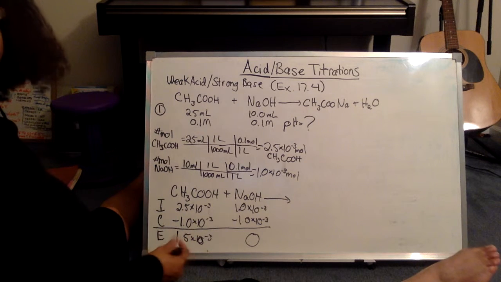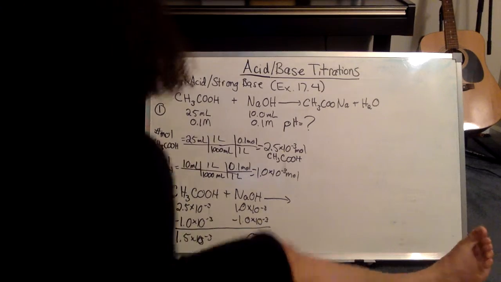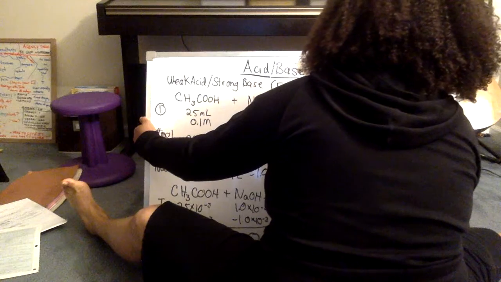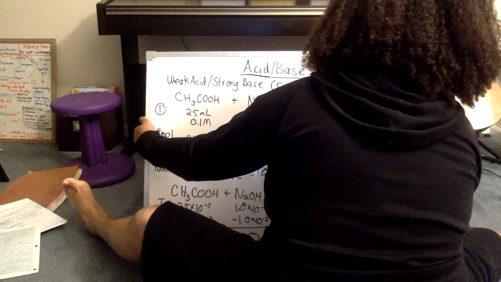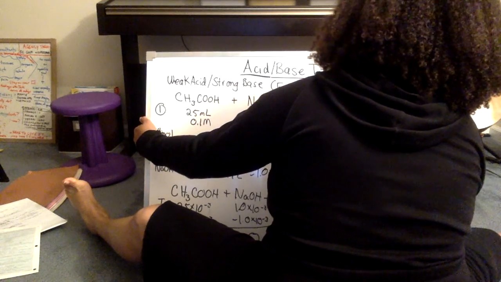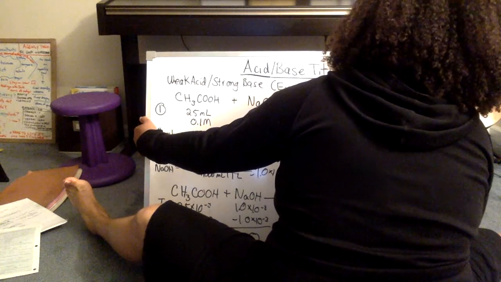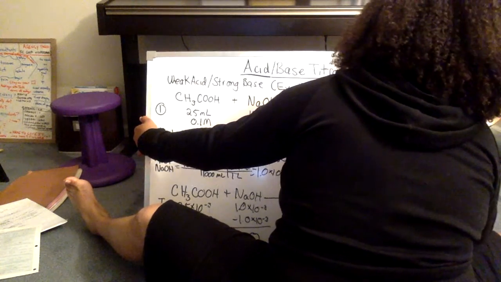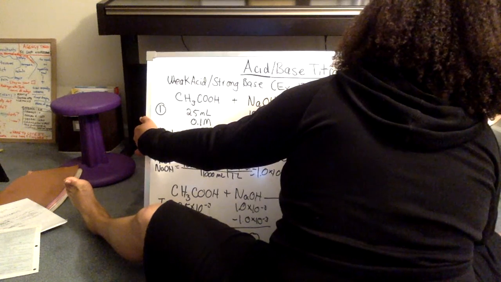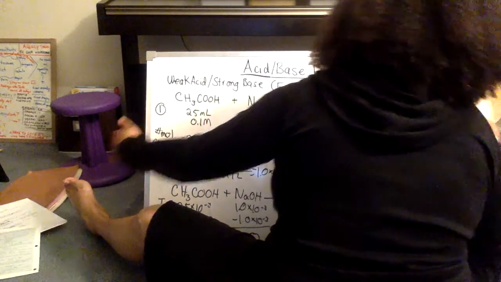Now remember, acetic acid is a weak acid, so we can't just write it as fully reacting. CH3COOH is partially dissociating to H plus and CH3COO minus.